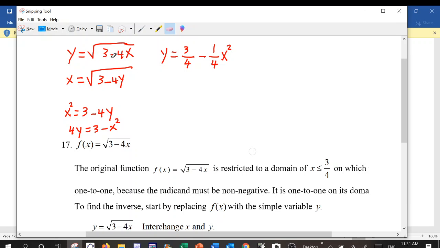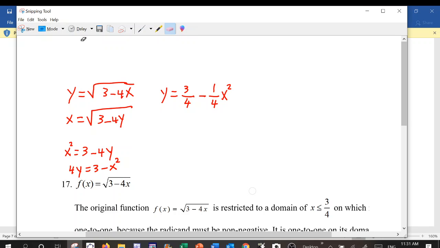We know what the domain of this is, right? Domain is, so let's look at that. So the domain of this is when 3 minus 4x has to be greater than or equal to 0. So that means what? That means 4x has to be, just move the 4x to this side. So that means x has to be less than or equal to what? 3/4, right?